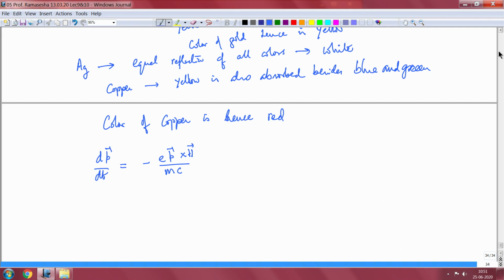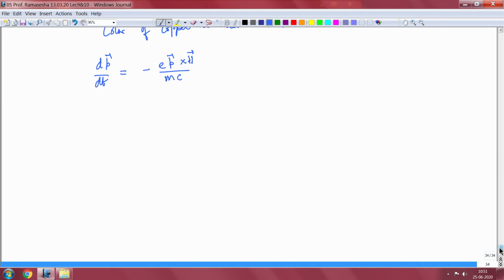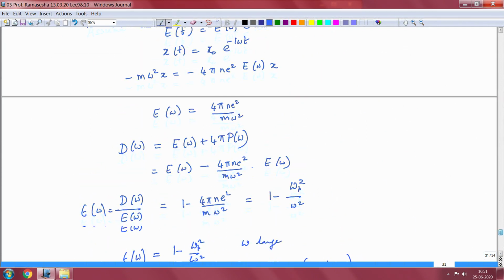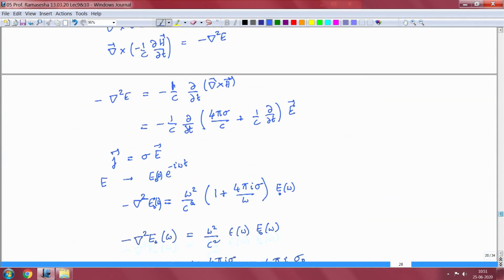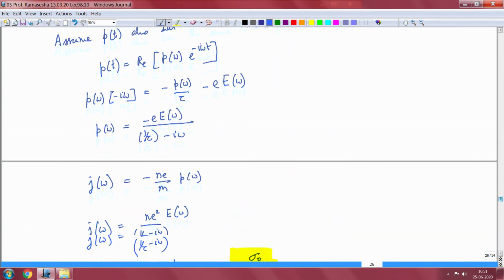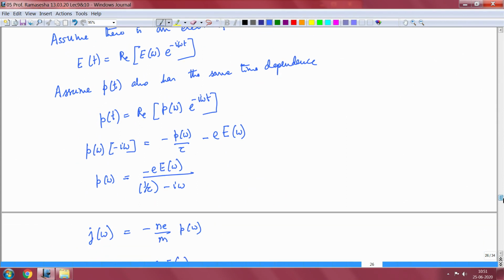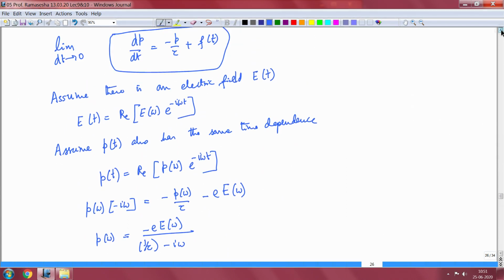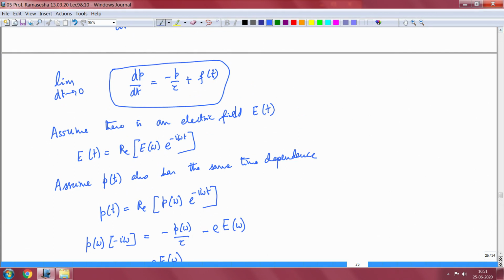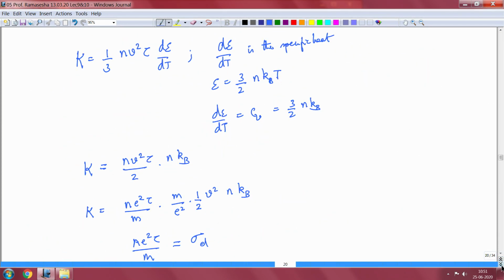You can see the equation, we will go back to the previous lectures and then see the equation that we have. So, here we have the equation which is dP by dt is equal to minus p by tau plus f of t, and f of t in this case will be what I wrote down.